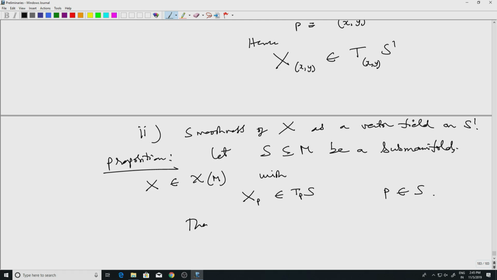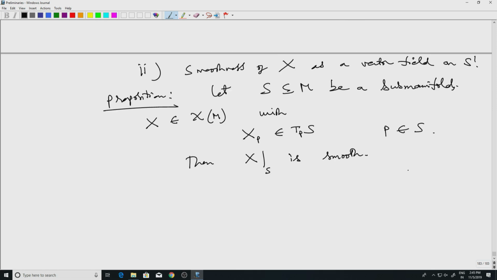Then if I restrict X to S, I get that this is smooth. The proof is quite simple. Pretty much anything involving submanifolds is easy to see in terms of a slice chart. So that's what one would do here.